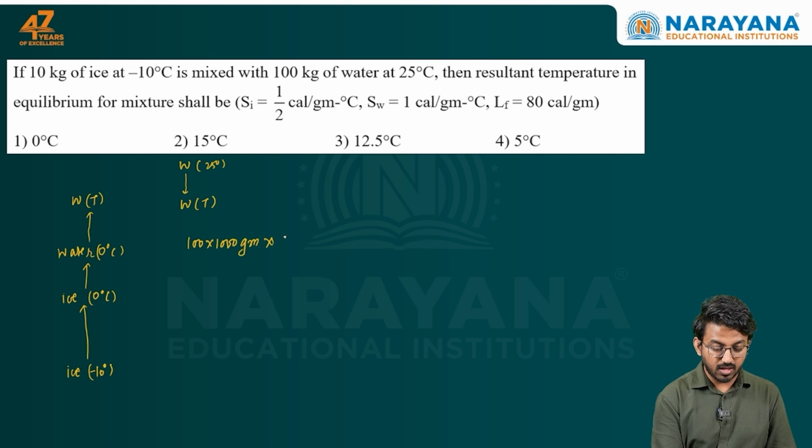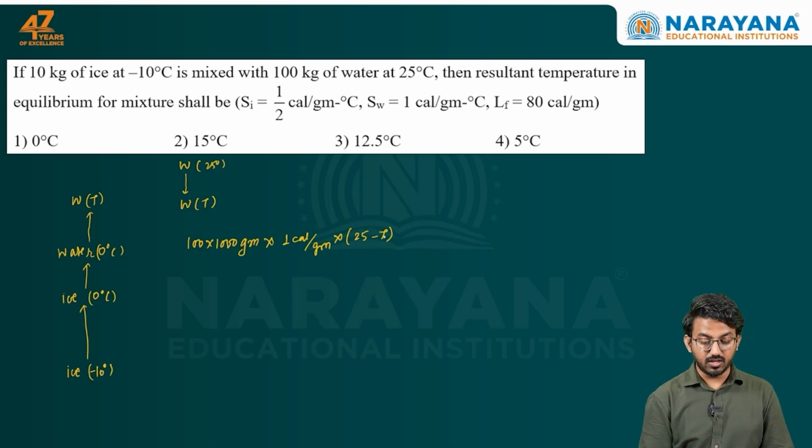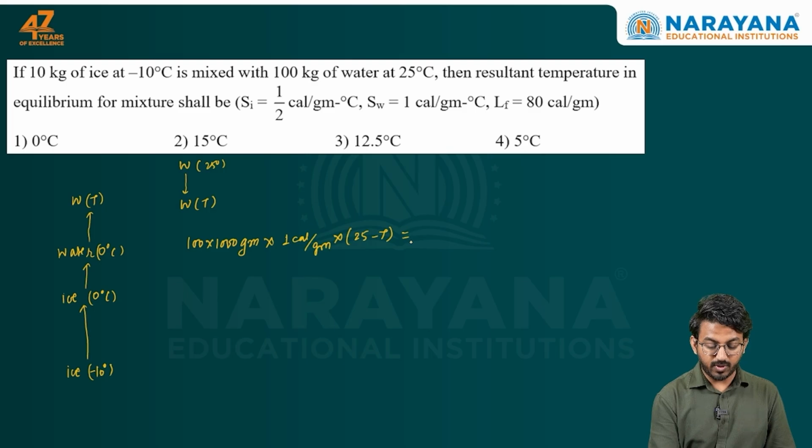Water is going from 25 to T. This is the heat lost by water here, and this is going to be equal to ice, which is 10 kg. Again, I need to convert it to gram. Into half is the specific heat here, multiplied by delta T, which is minus 10 to 0.